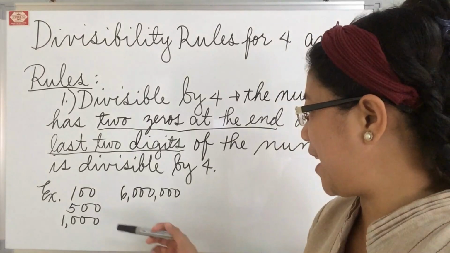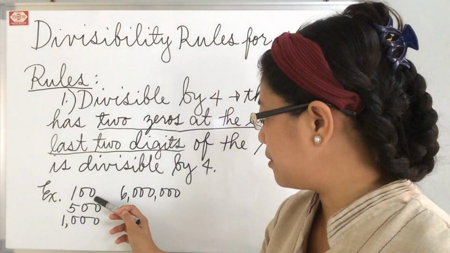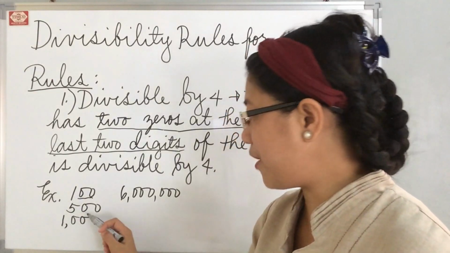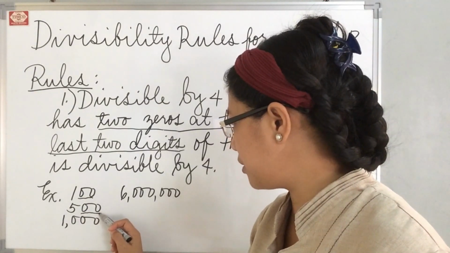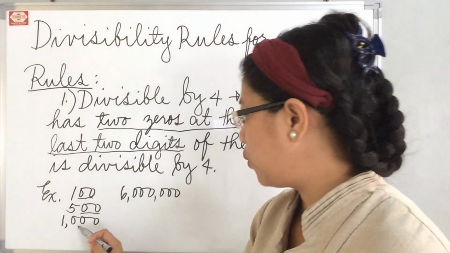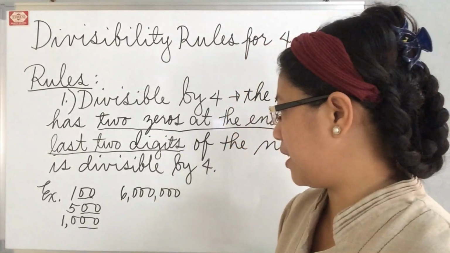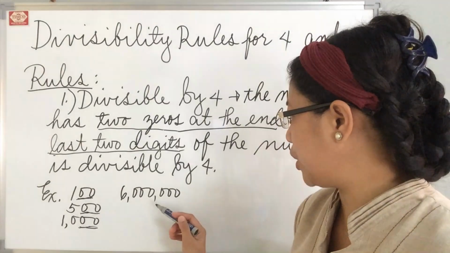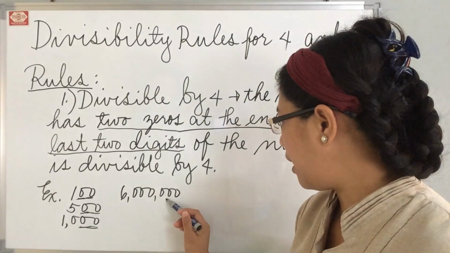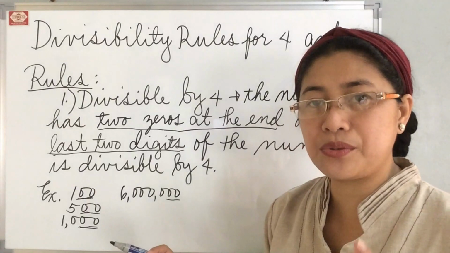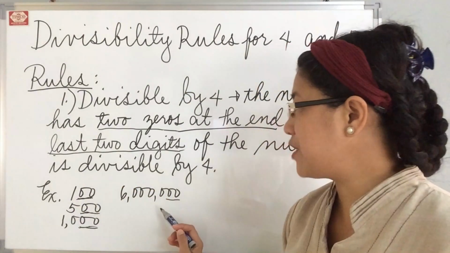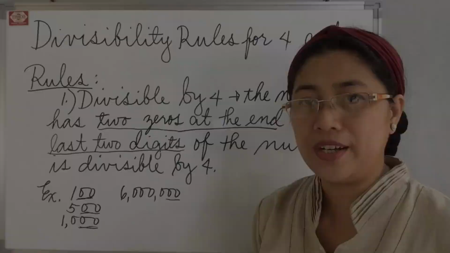For example, we have 100, the last 2 digits are zeros. 500, 2 zeros again. 1,000, 2 zeros again. Or even a large number, we have 6 million, ends with 2 zeros. These numbers are divisible by 4.